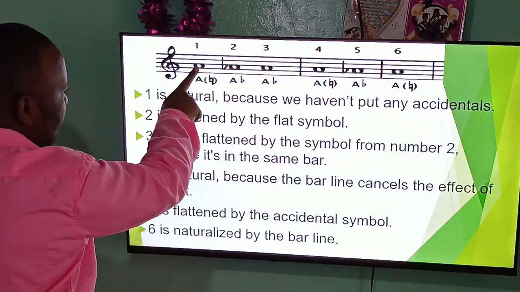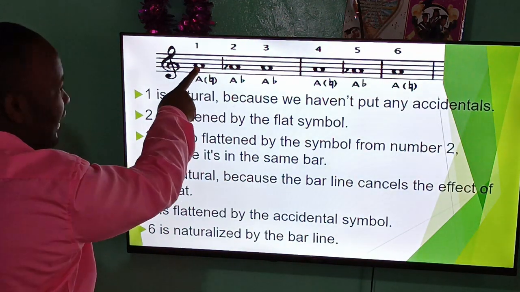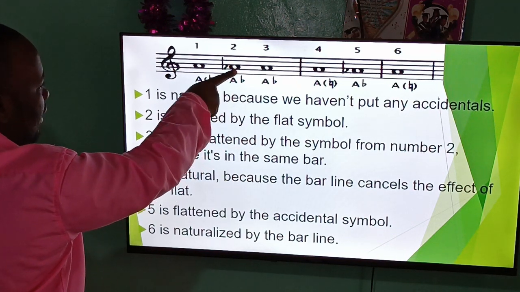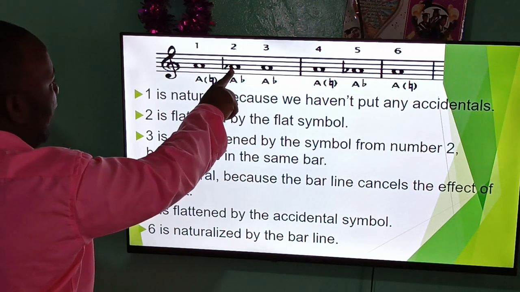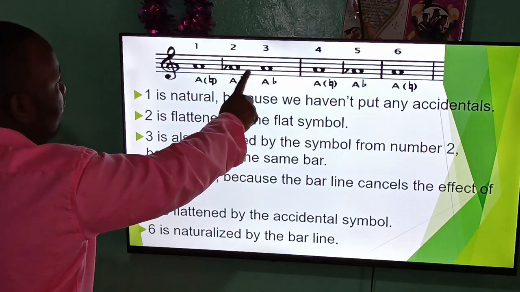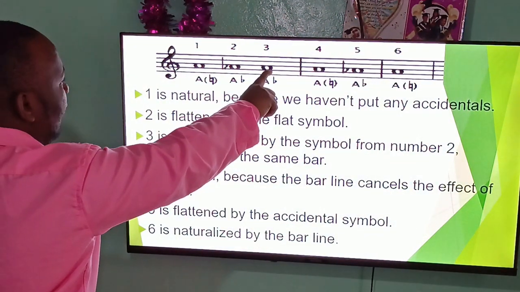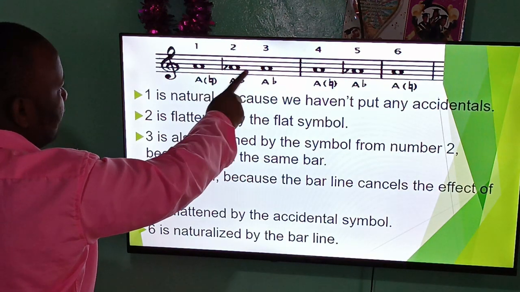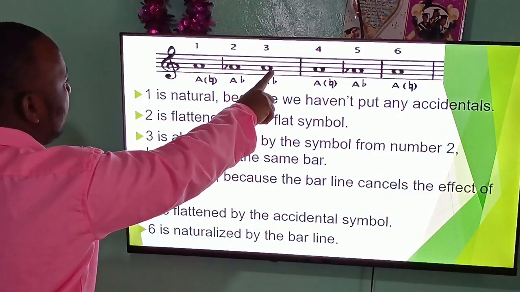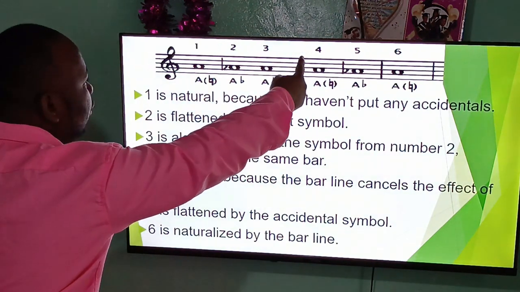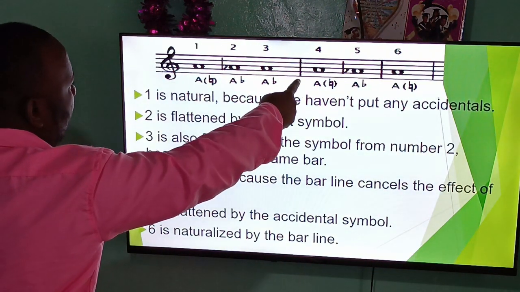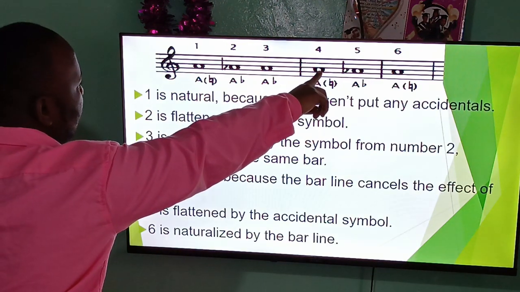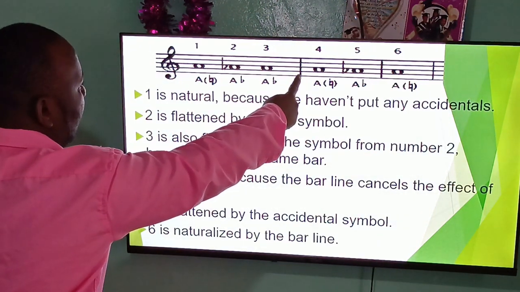Here we have A natural, it doesn't have an accidental. Here we have A with a flat, that means that it is A flat. If we draw another note here, it is affected by this flat. It means that this also must be A flat until we put a bar line. If we draw another note here, it will be A natural because of this bar line.